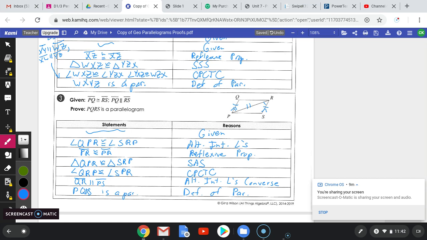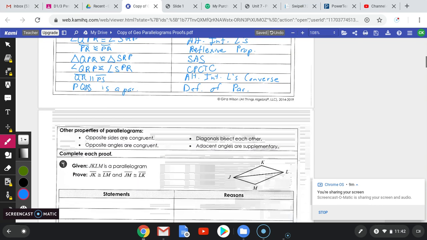And that, ladies and gentlemen, is the main way of showing something is a parallelogram.